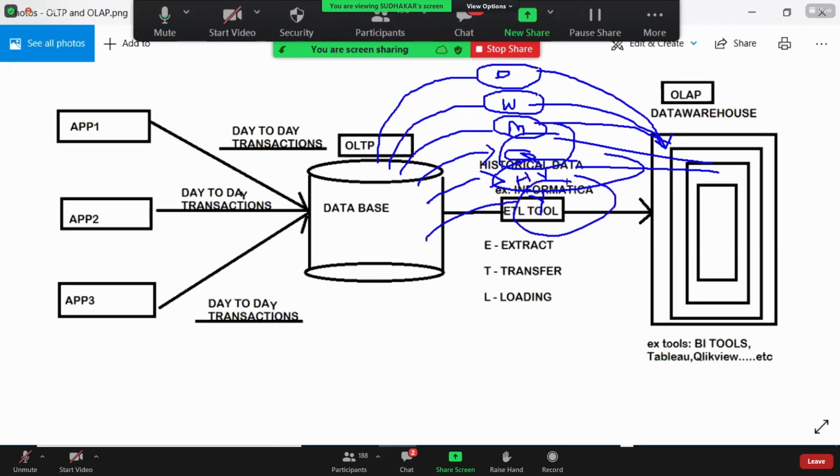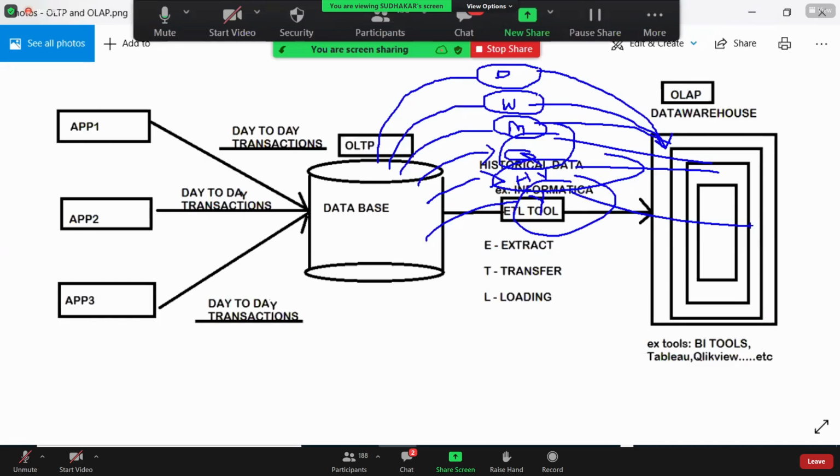So it depends on your business transactions and the data being generated. Based on that, companies move the data: some daily, weekly, monthly, quarterly, half-yearly, and yearly. They can manage the data like this.